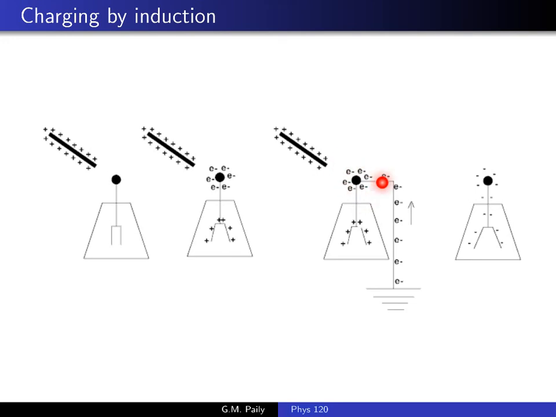The negatively charged electrons on the cap stay there because they are still being attracted by the positively charged rod. And in fact, more electrons come up from the ground through the wire and come in to neutralize these positively charged ions.